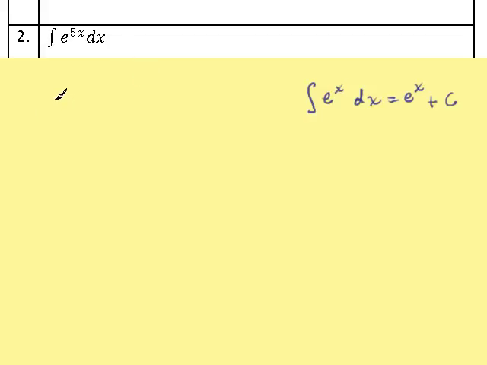So the integral of e to the 5x dx is equal to e to the 5x, but because of the 5 that comes out, we multiply by 1/5. We could do a u substitution, put u equal to 5x, and this 1/5 would come out during the u substitution.